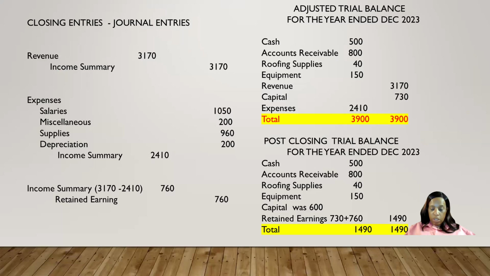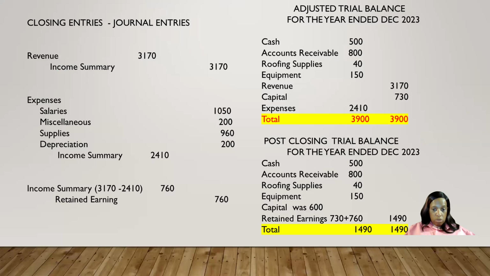And just to mention, there are two methods of doing closing entries. Again, we talk about revenue to income summary, expenses to income summary, then income summary to retained earnings. Or we can do it another way. We can just close our entries to our retained earnings: revenue to retained earnings, expenses to retained earnings. Just skip the income summary step. Everybody got that?